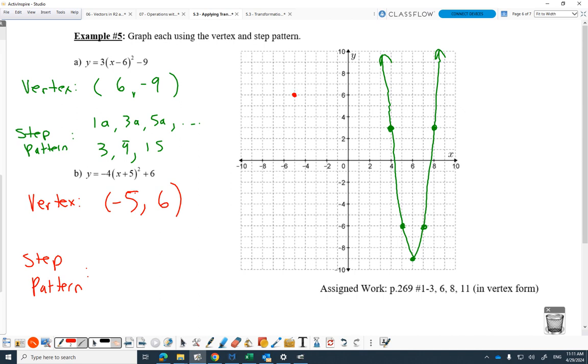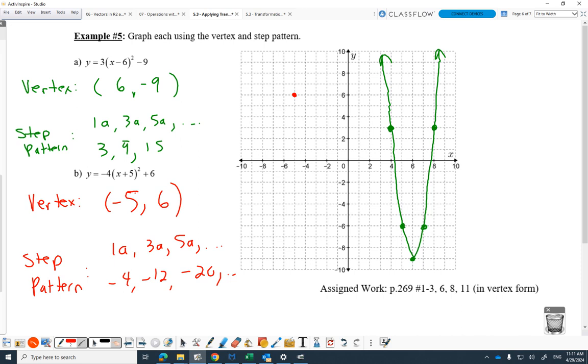Now the step pattern. It's always going to be 1a, 3a, 5a. But now, multiply those by negative 4, I get negative 4, negative 12, negative 20, which actually solves the up-down problem. By just multiplying it by that negative, it's automatically going to go downwards because you're going negatives.